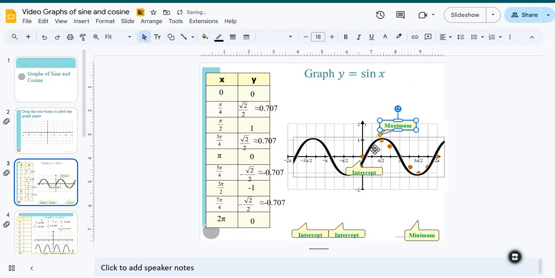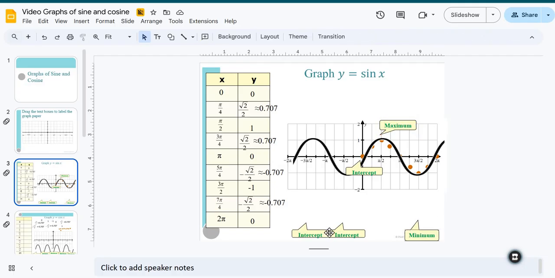We plotted this point at pi over 4, square root of 2 over 2, but square root of 2 over 2 is not a nice, pretty number, so we don't really classify that as one of our key points. We're just going to stick to the ones that are very easy to see. Then our next key point is going to be another intercept.